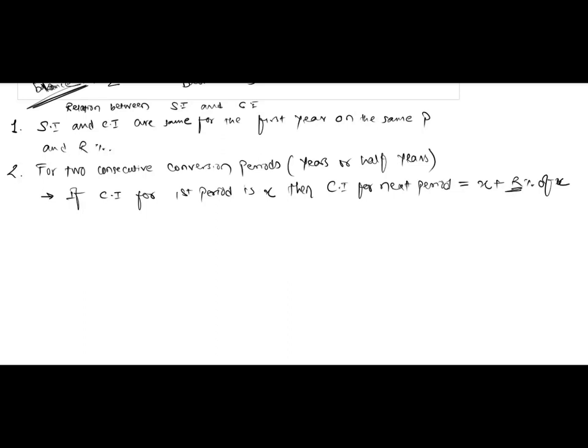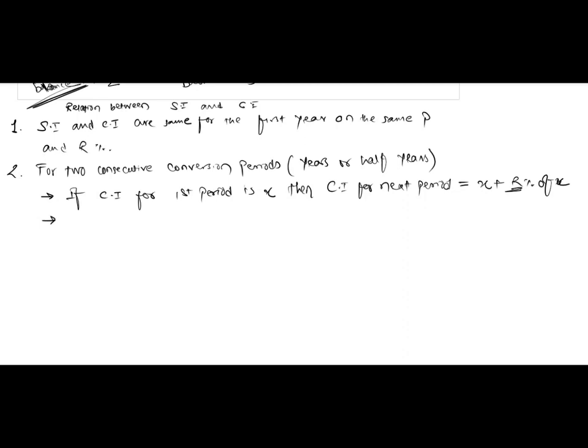R is the rate percent. So you can directly find the compound interest for the next period, that is the next half year or next year. If you know the compound interest for the second year and the rate, you can find the compound interest for the third year. So this is one very important thing you should keep in mind.